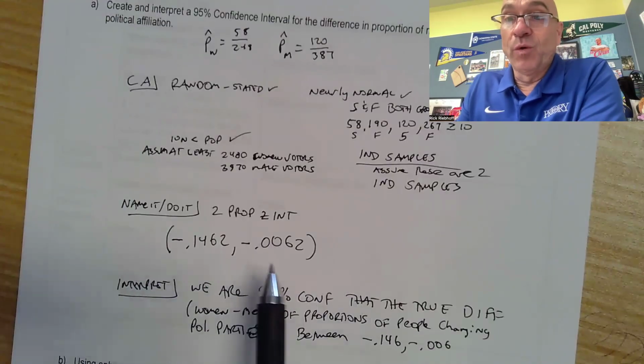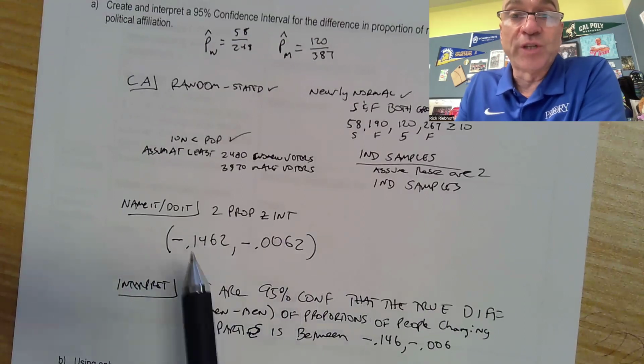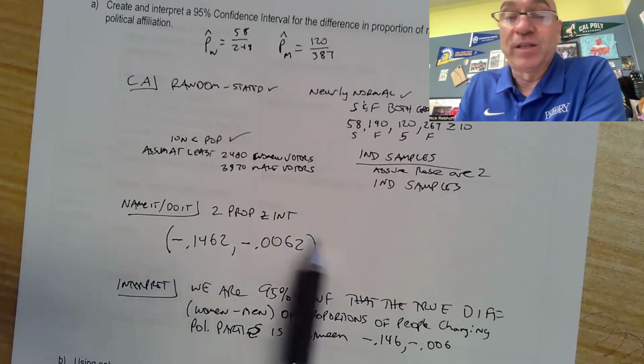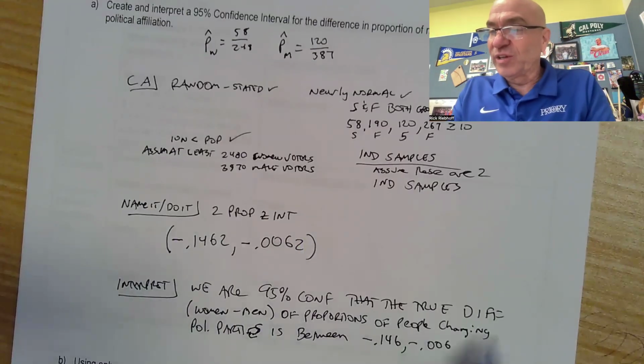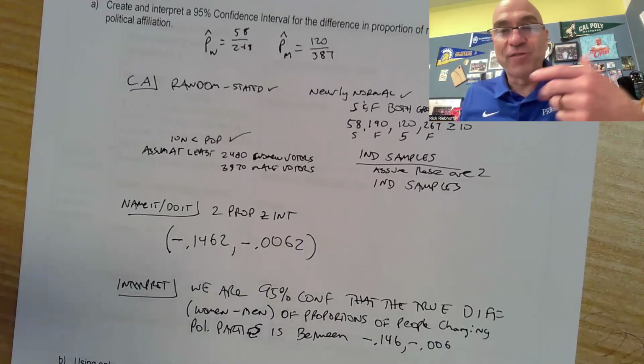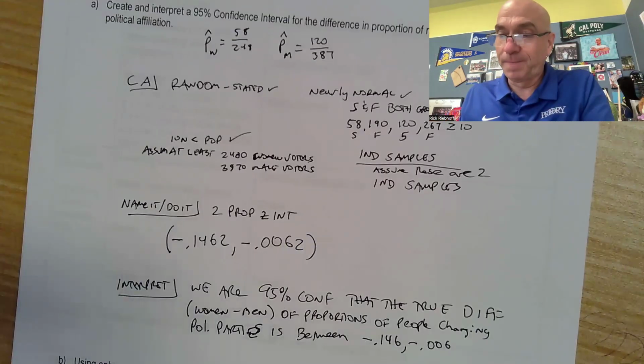So males were between 1 and about 15% more likely to change parties. Okay, that's what this means, right? So interpreting this sometimes can be tricky. You can always just do it this way, using these numbers, but it's also a good idea to kind of know what's happening, right? That's what this means because it was women minus men. And if it's negative, that means the men were higher. Does that make sense? Okay.